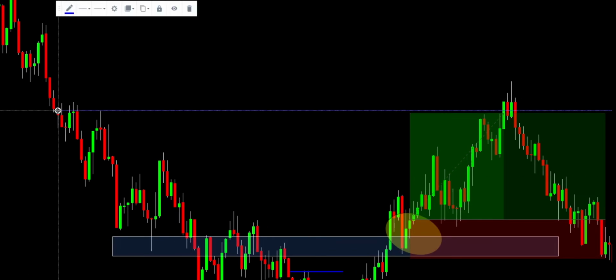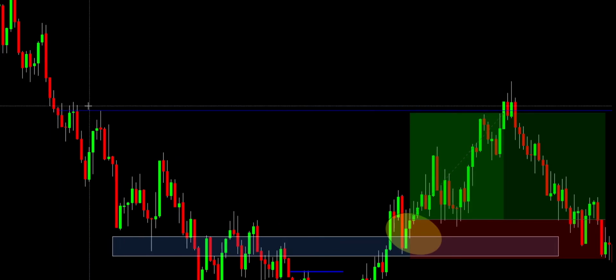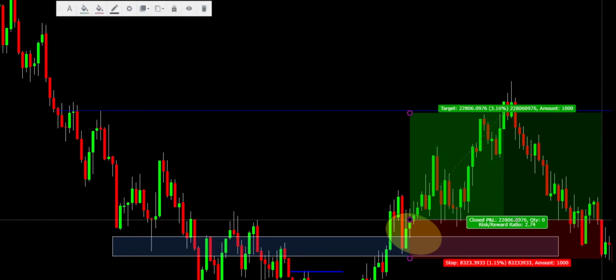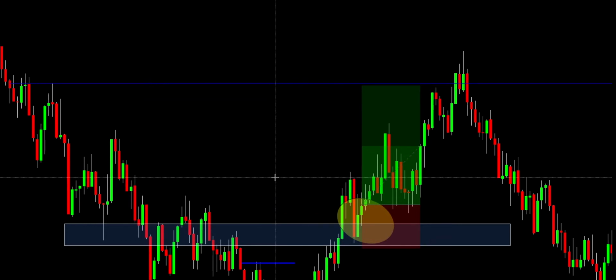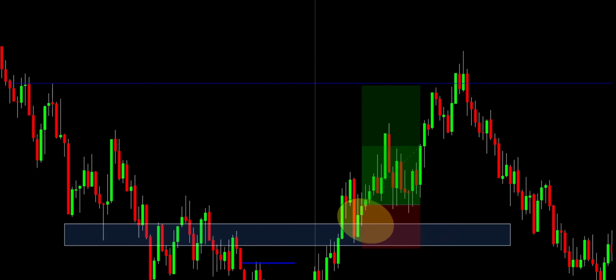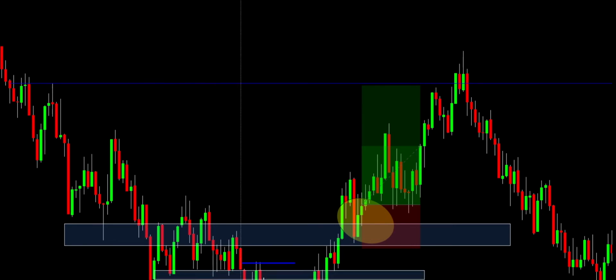Did I mark this? Yep. Target your previous structure just up there. This is basically what I mean by conservative. If you enter a trade right here, yeah, you could enter it, but it is not smart. The reason it is not smart is that we are trading under resistance.